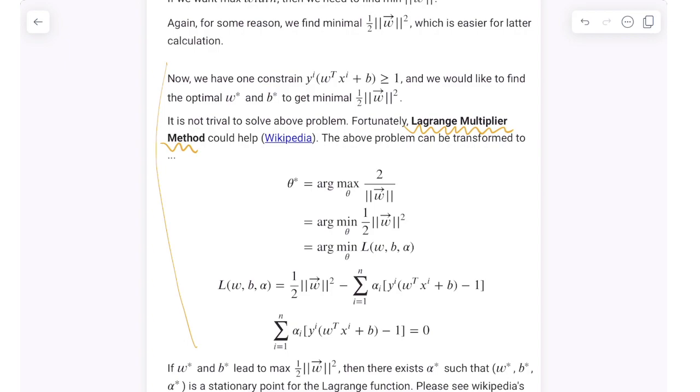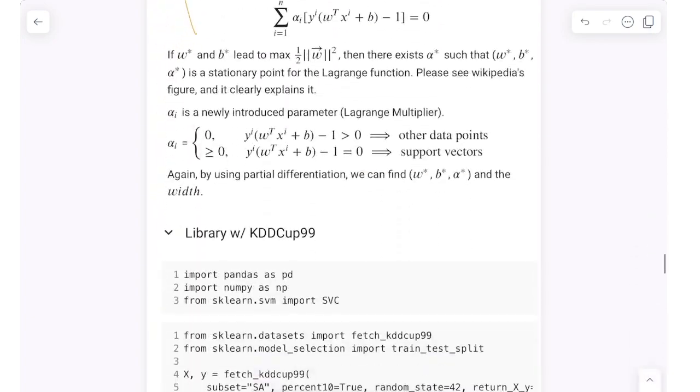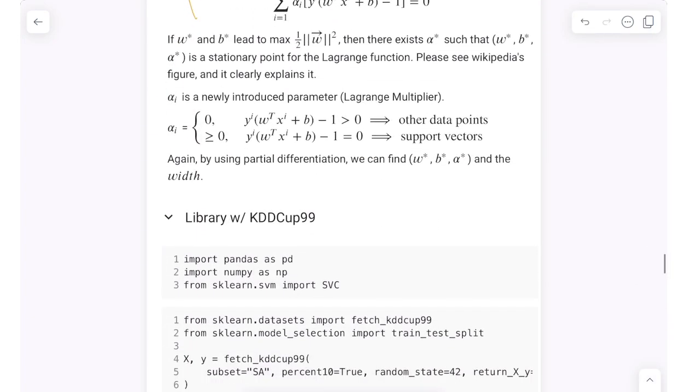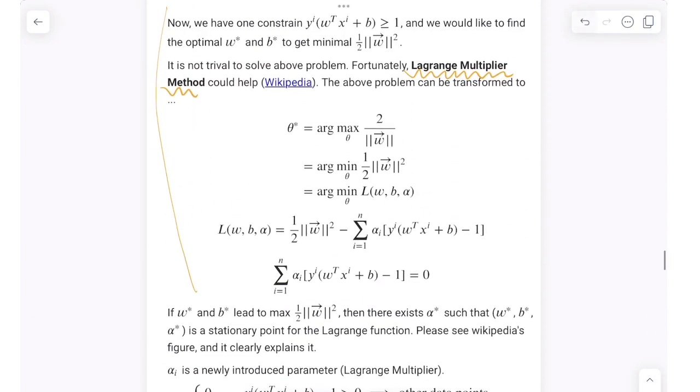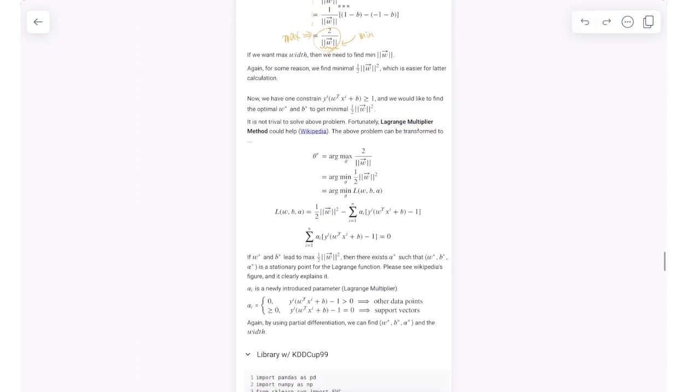That means we have some method to help us find the minimum value of this W vector. Okay, that is how we find this value.